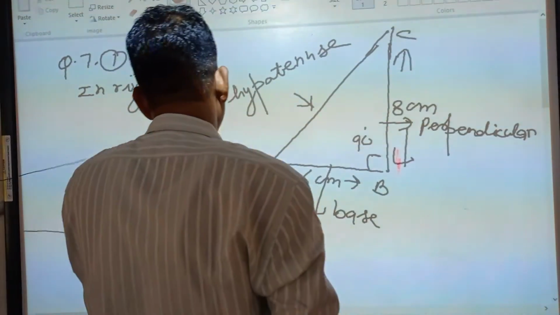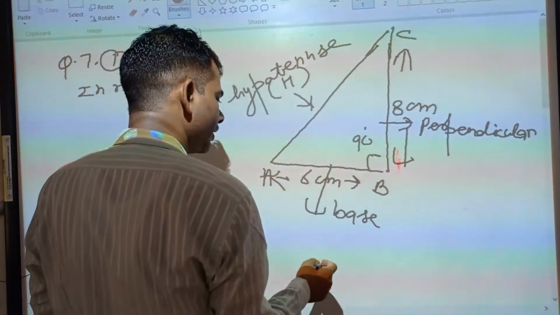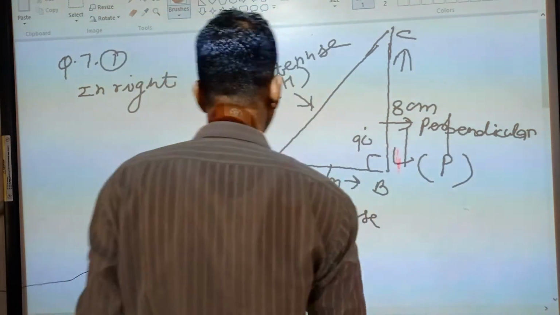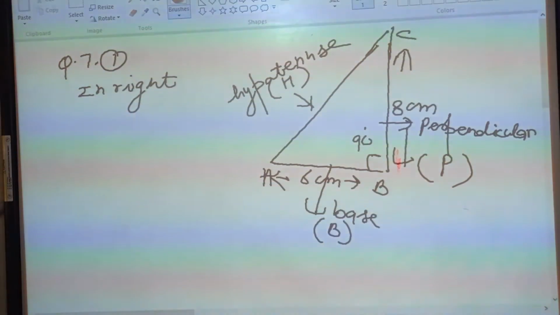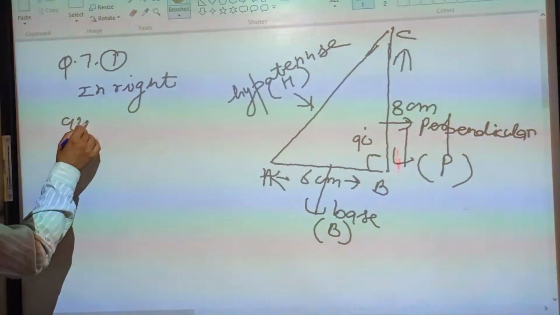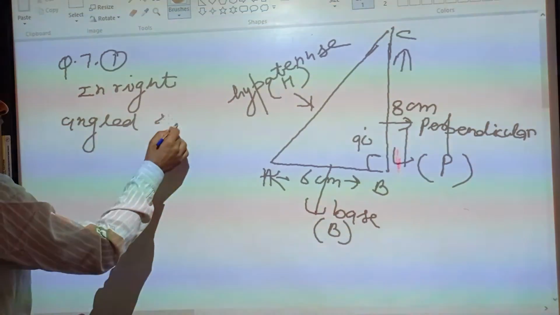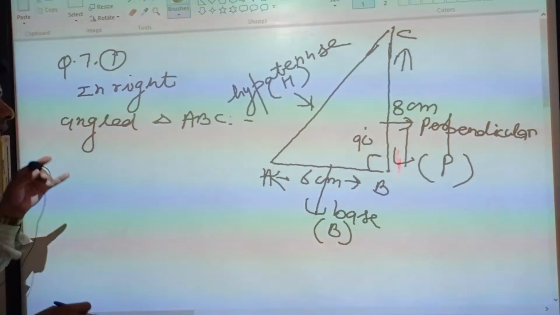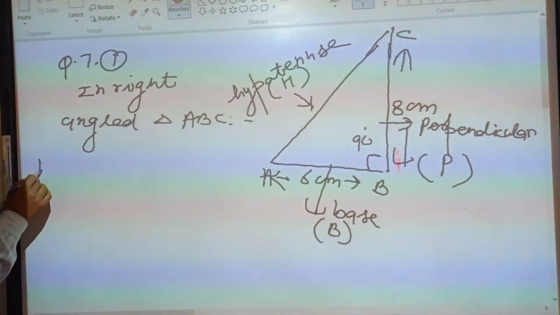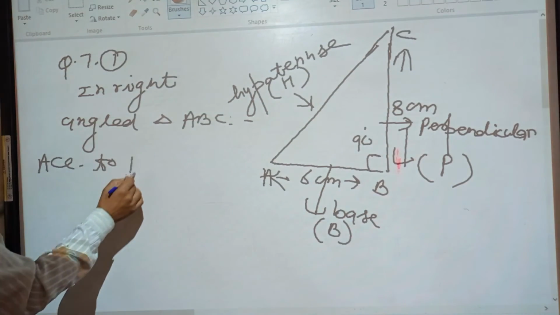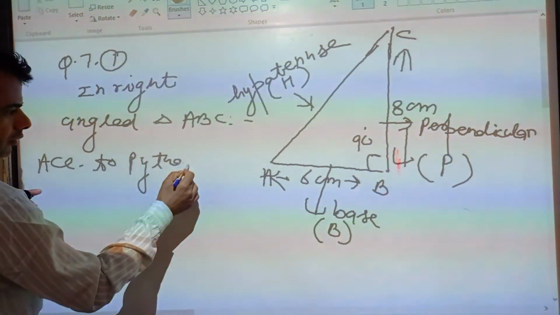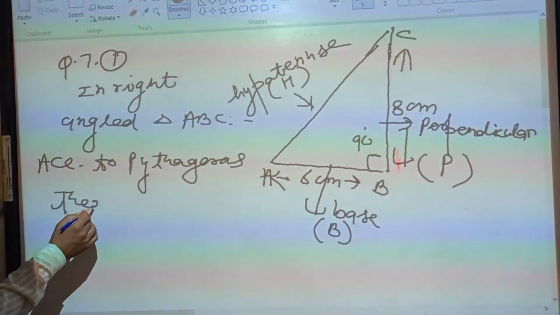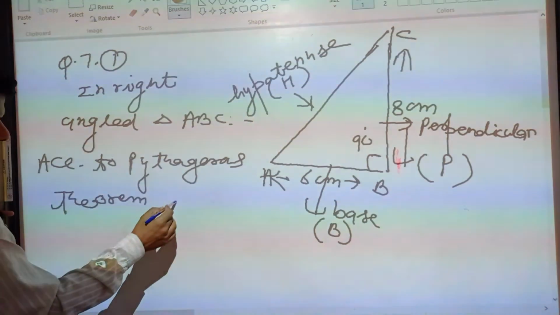It is represented by capital B. In right angle triangle ABC, according to Pythagoras theorem we get.